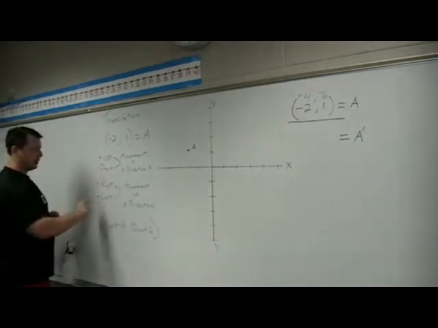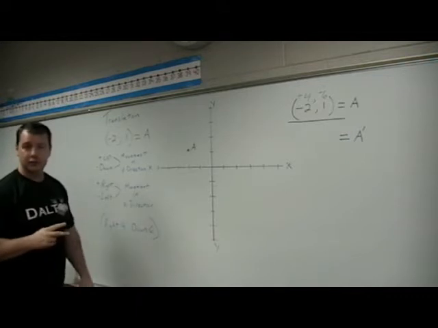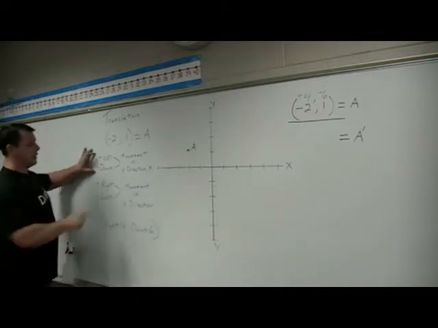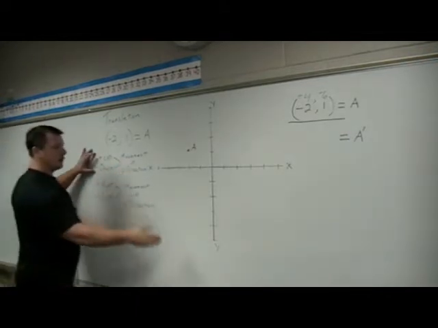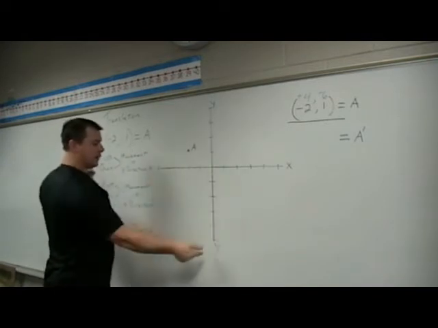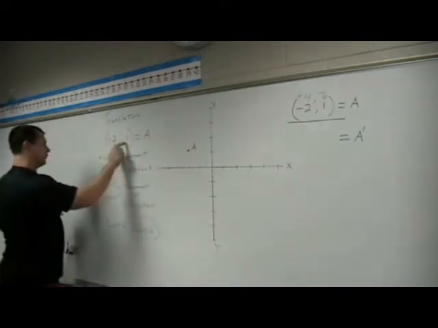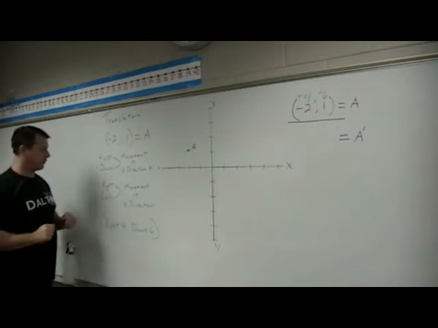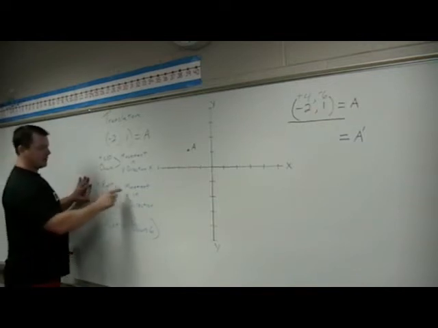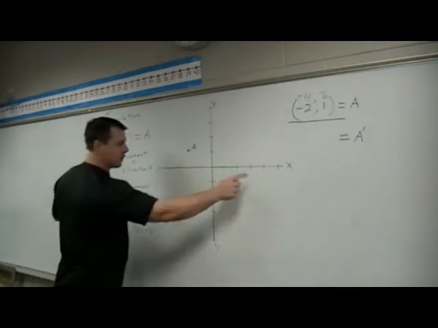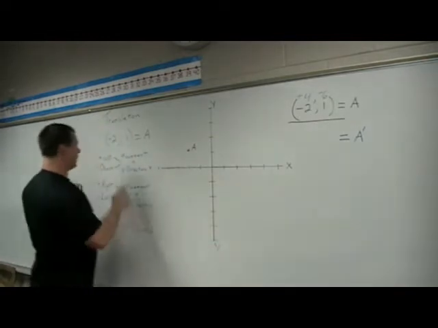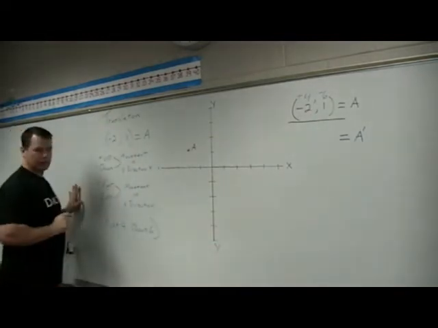Up, down, right, and left. Usually it's a combination of 2. Up and down is movement in the Y direction. Up and down, that's the Y component of your point. Right and left is movement in the X direction. That's back and forth, and that deals with your X component.